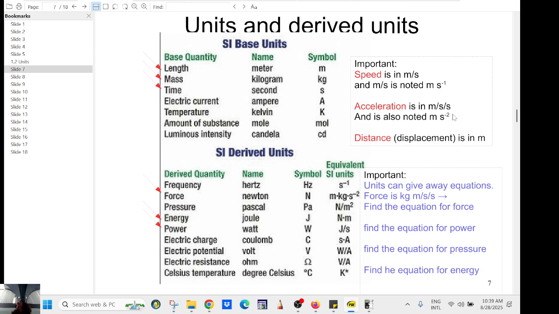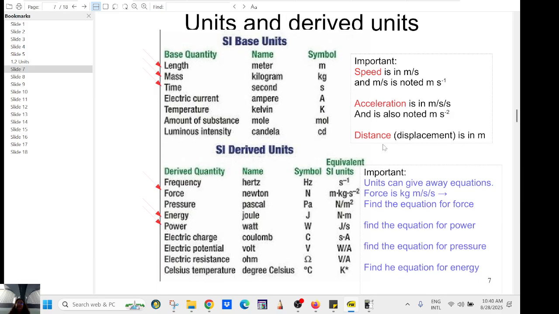So meter per second squared means how fast something is getting faster. So it's the change in speed over the change in time. That works also for chemistry. Sometimes if you forget the equation, you can refer to the unit. Sometimes it can be very useful.